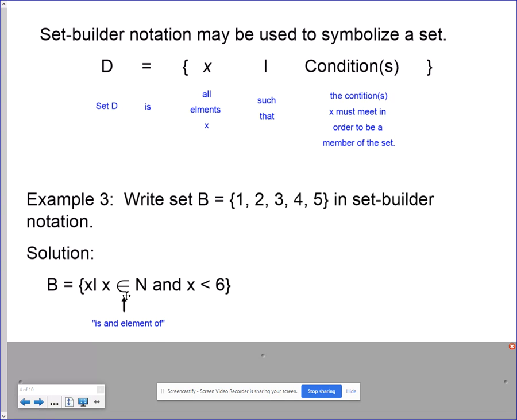So X is an element of the natural numbers. And what's true about X? All of these numbers are less than 6. So we can say X is an element of the natural numbers and X is less than 6. It's just going to take a little bit of practice to get used to this. I believe I have one more example to do with you.